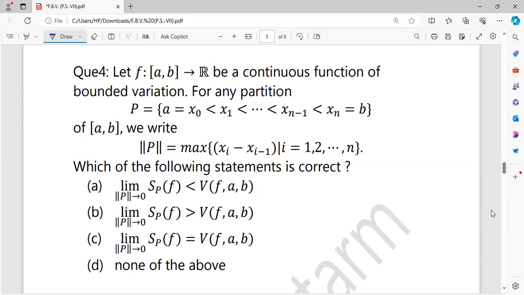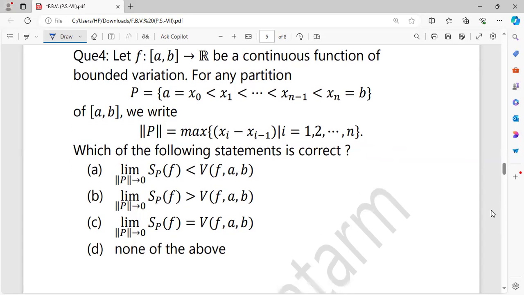When we are taking norm tending to 0, the S_P f will be less than variation of f. S_P f will be greater than variation of f. If norm of partition tends to 0, then S_P f is nothing but variation of f. None of the above. Okay. So let's check it.